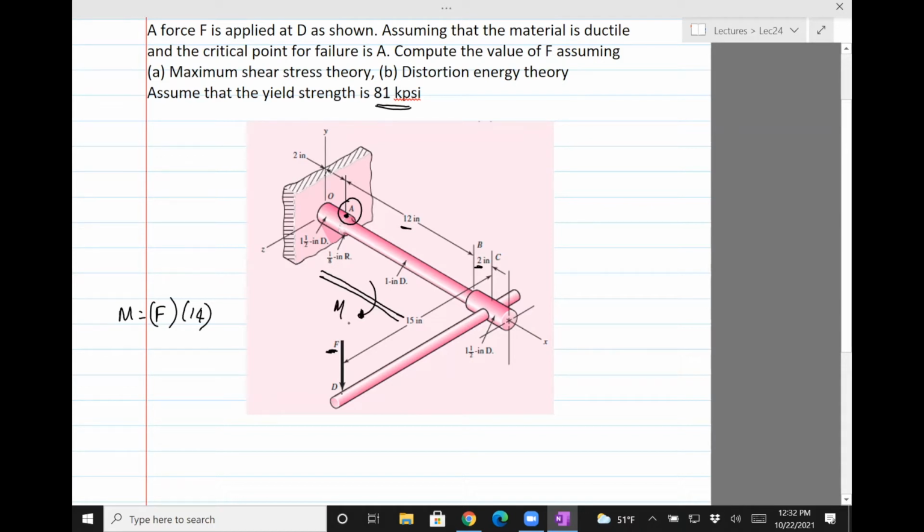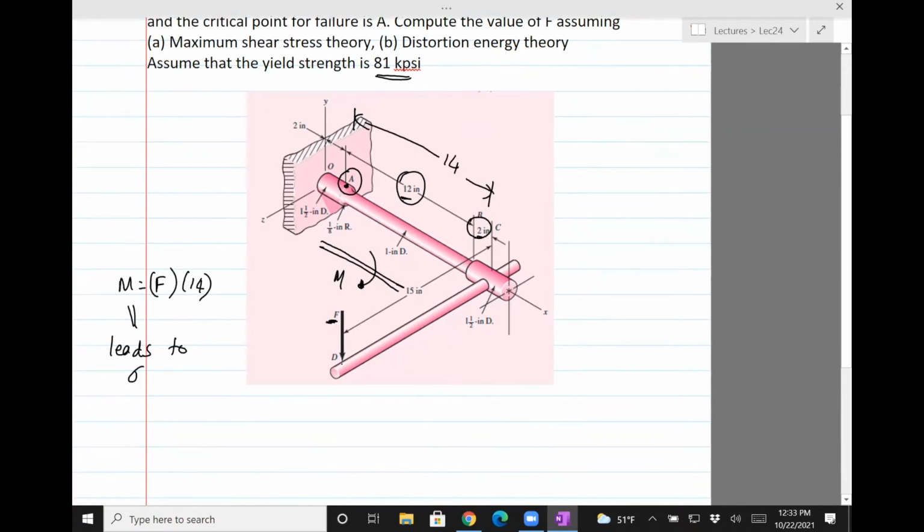So clearly, if there's a bending moment, there will be a normal stress. This 12 and this 2 is the moment arm.